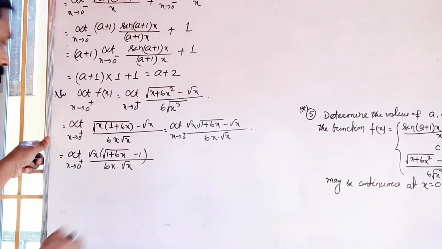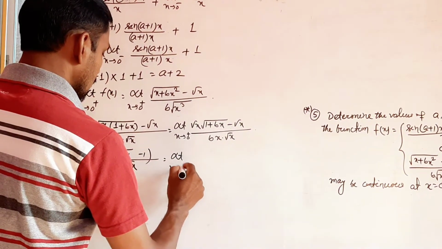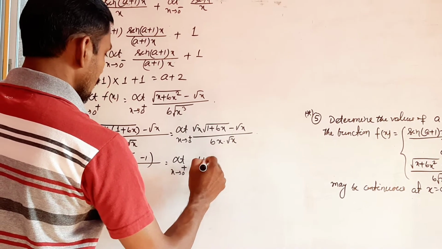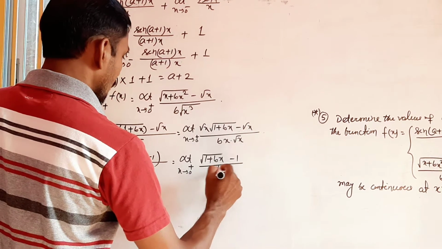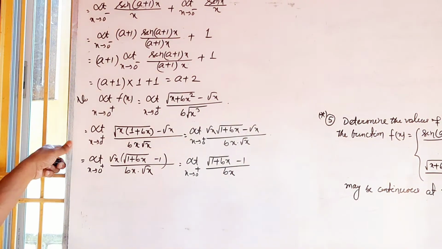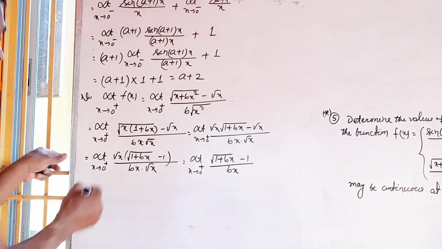Now root x will be cancelled. So it is limit x tends to 0 plus, root of 1 plus bx minus 1 by bx. Now again, since the square root symbol is there, we have to rationalize.